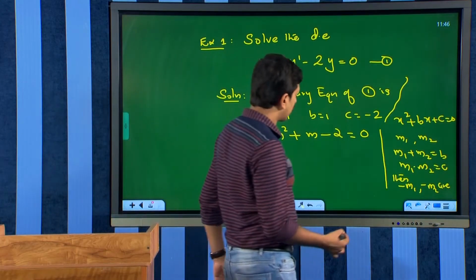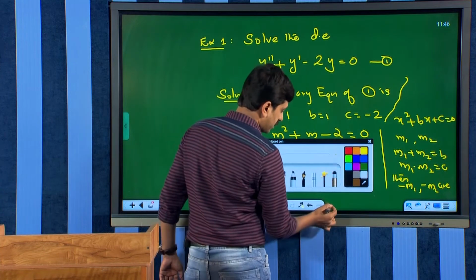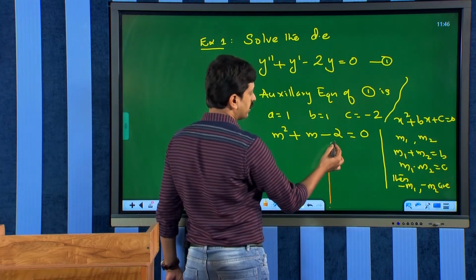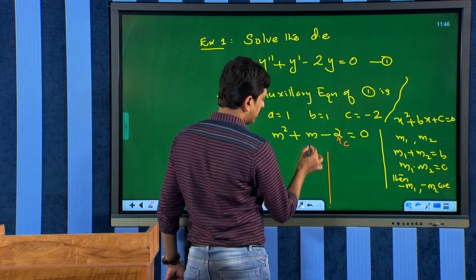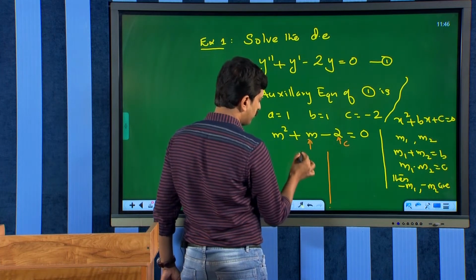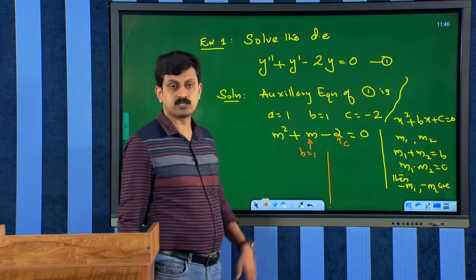Similarly, here instead of c we have the value minus 2, and instead of b we have the value 1.